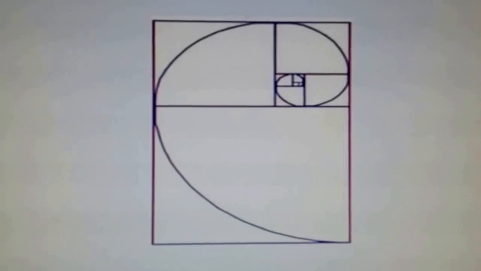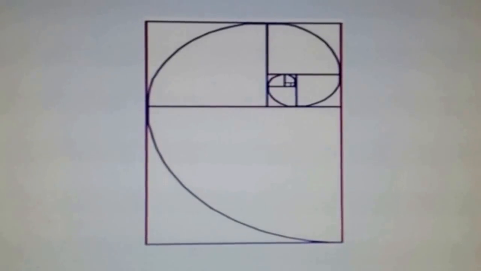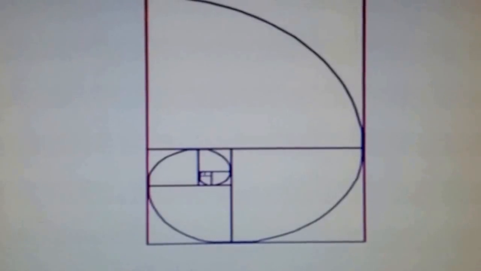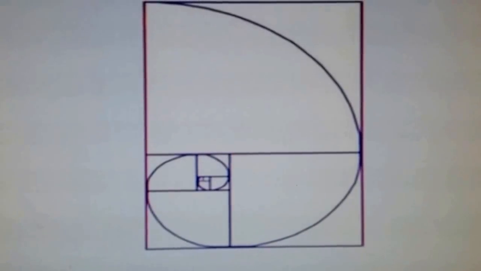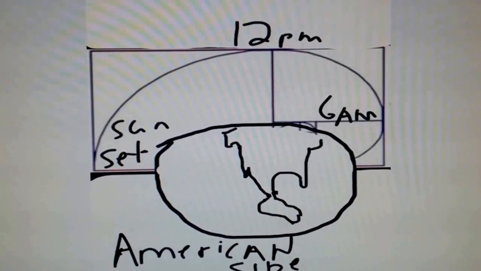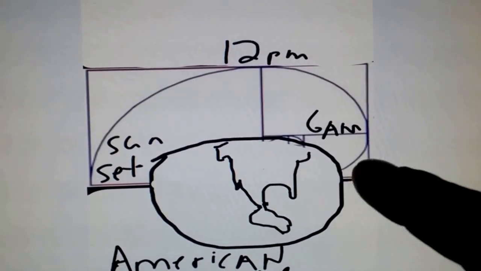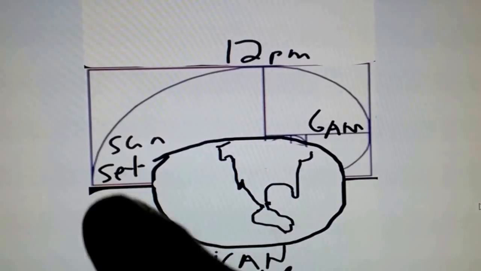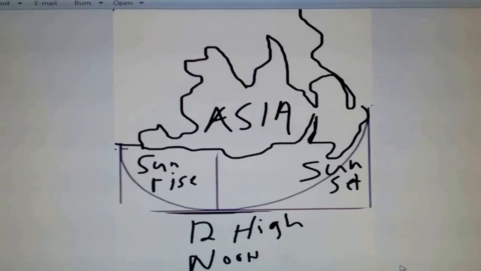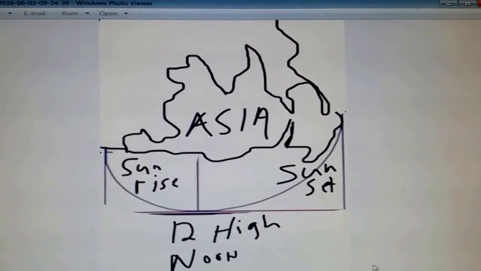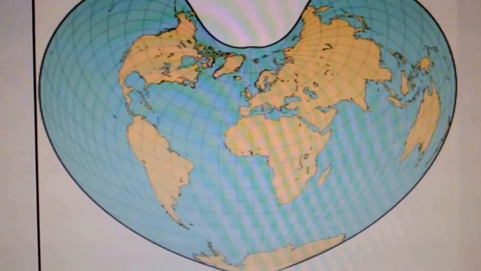One side, Asia or Western Americas, and the other side, Eurasia. It'd be something like this. Sunrise, sunset, sunrise, sunset. An even more modern look at it.